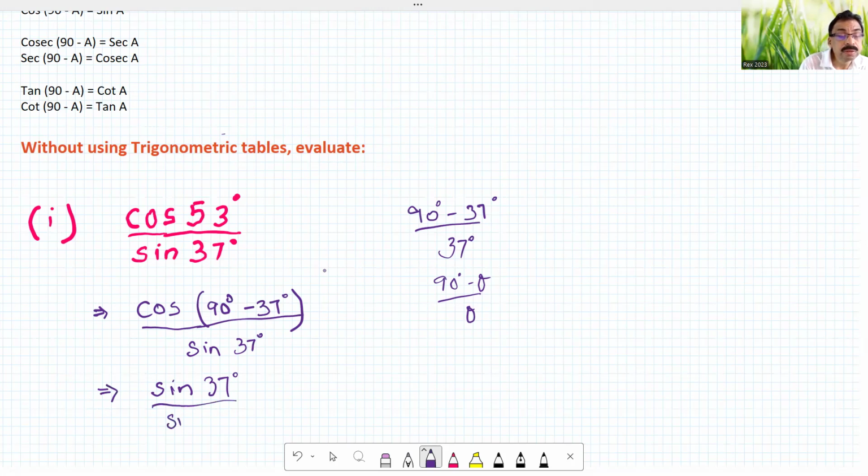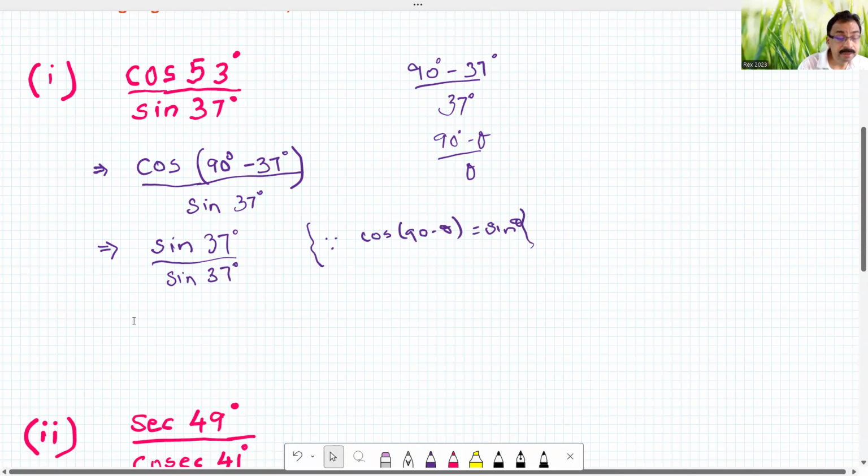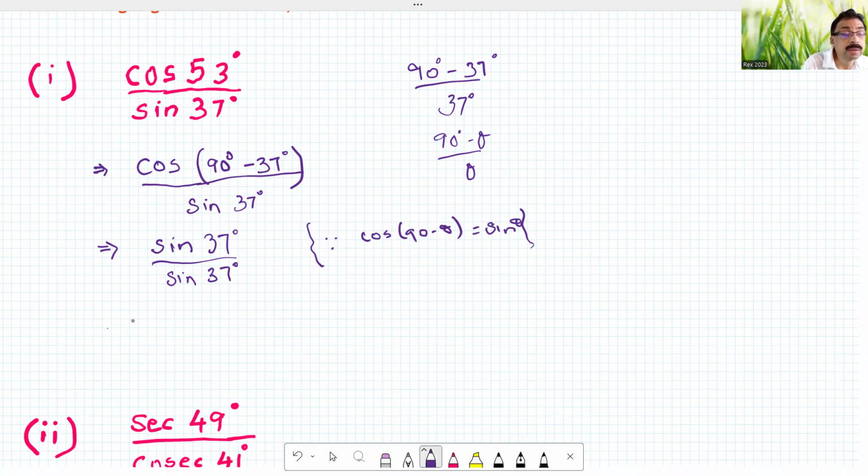The reason is, since cos 90 minus theta is equal to sine theta. Okay. So this becomes sine 37 divided by sine 37, which is 1. So that's your answer. Let's move to the second part.